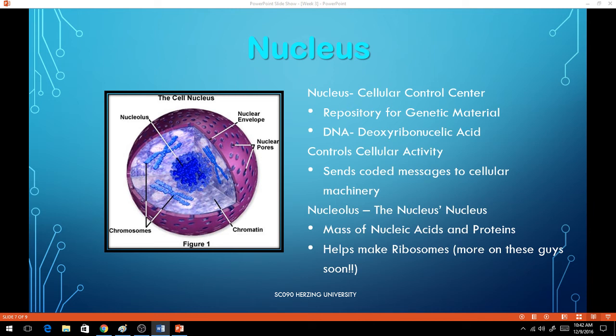The concentrated mass towards the center is the nucleolus. So that's like the boss's office within the business office within the factory. And that's where the really important stuff is kept. That's where the originals are kept, not the copies, the originals. And we'll talk more about ribosomes as we move forward in some of the other organelles.